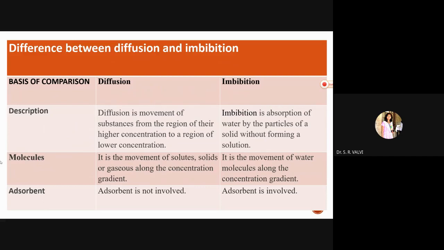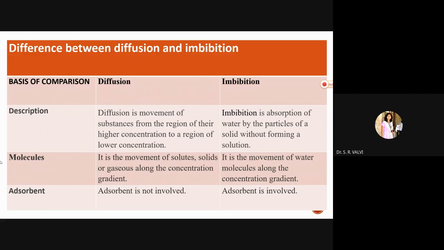Now the second point, molecules. In case of diffusion, molecules of solid, liquid or gases move along the concentration gradient, that is, from higher concentration to lower concentration. In case of imbibition, there is only movement of water molecules.